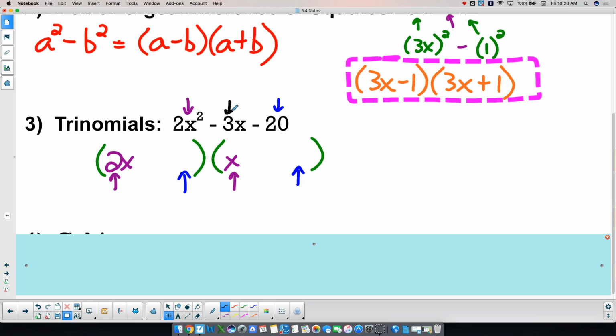If that number is small, which it is, 3 is pretty small, then I'm going to choose the 2 that are closest to each other. So I'm going to choose 4 and 5. So I'm going to go 4 here and 5 there.